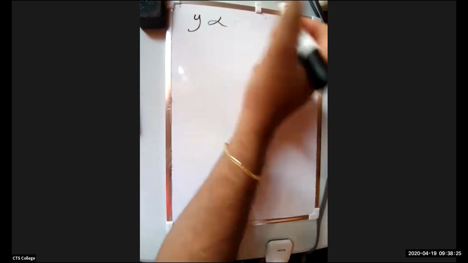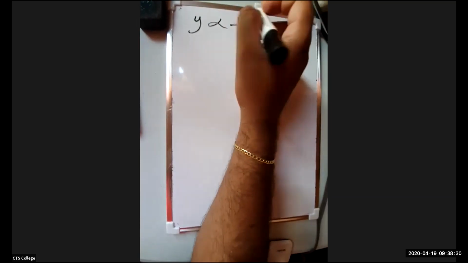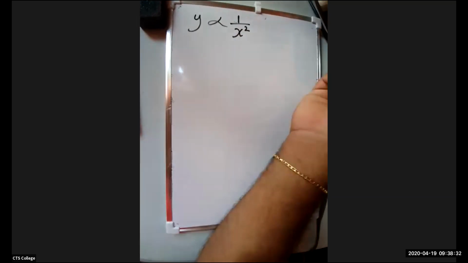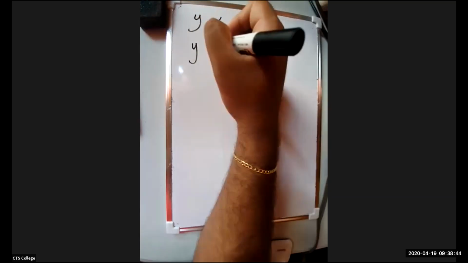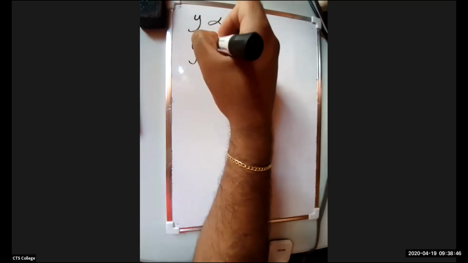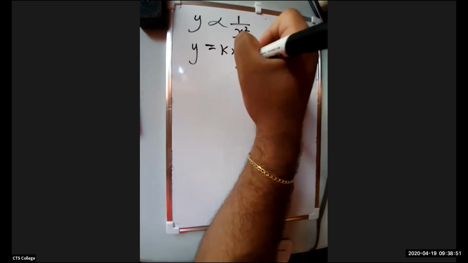So the question is telling us that y varies inversely. Inversely means 1 over the square of x. So 1 over x squared. All right? So y is equal to k multiplied by 1 over x squared.